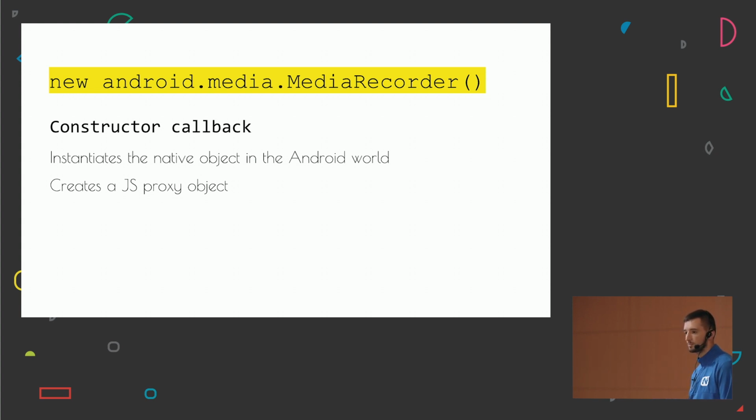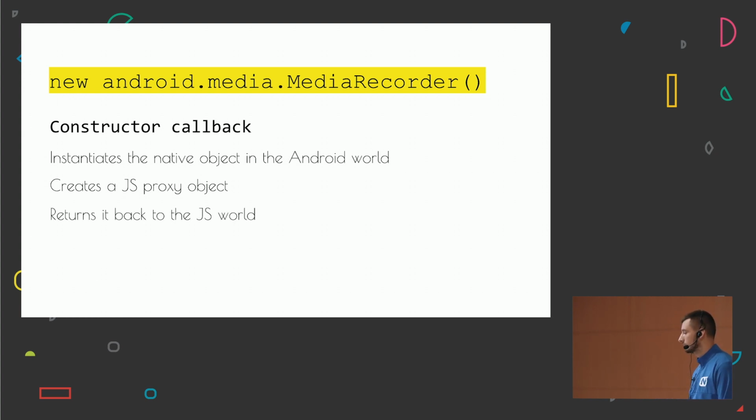So after we have created the native object and stored a reference for it in the NativeScript runtime, we create a JavaScript proxy object. The proxy objects are something similar to the native class. However, they are created in the JavaScript world, and they have the same properties. In our case, when we return a proxy object, it has the same properties as the native media recorder class would have, the same fields, the same methods.